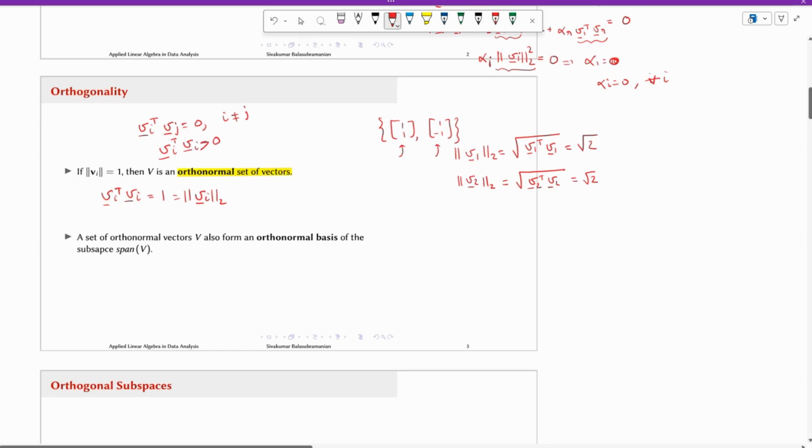One simple way to convert this into an orthonormal set of vectors is to take the first one and multiply it by 1 by root 2, take the second one and multiply it by 1 by root 2, and then this will be a set of orthonormal vectors, because their inner product will be 0 and their Euclidean norms are 1.